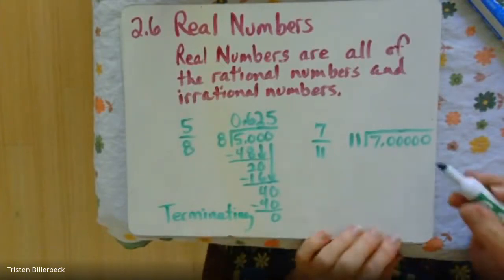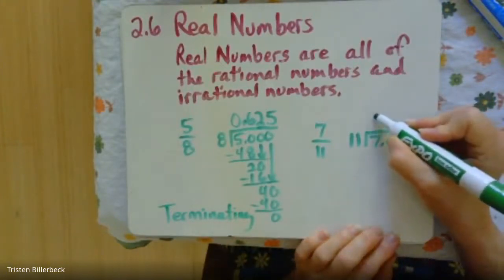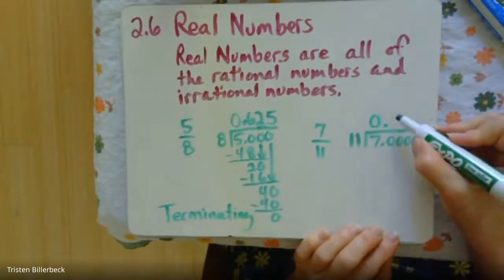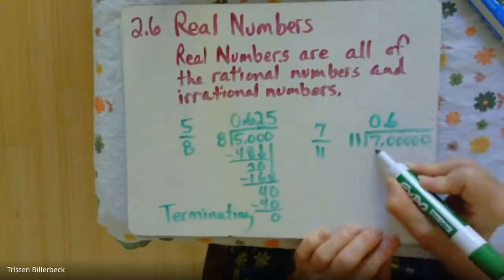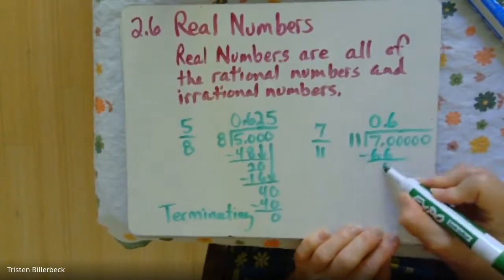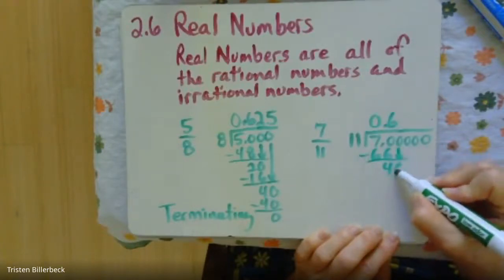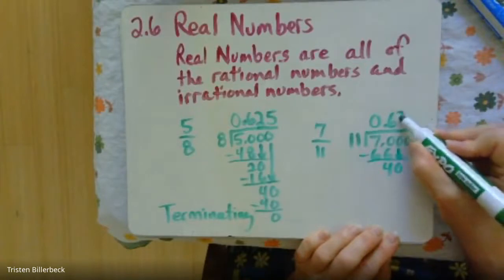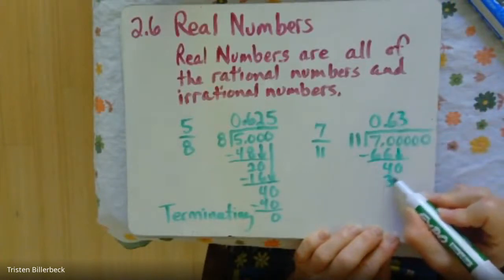Let's look at this one. So we have 0 11s in 7. There are 6 11s in 70. We subtract, we drop 0 down. There are 3 11s in 40.